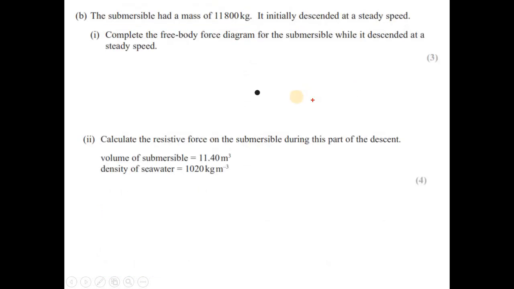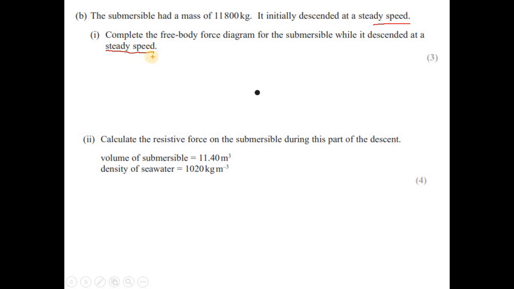The submersible had a mass of 11,800 kg. It initially descended at a steady speed. Complete the free body diagram for the submersible while it descended at a steady speed. So it is going under the sea with a steady speed, constant velocity, under a fluid.